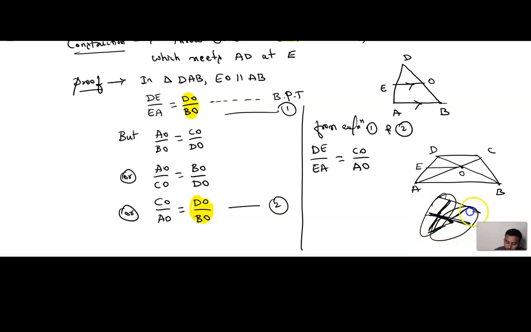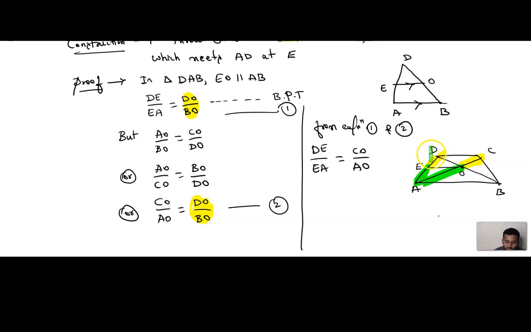Then this side will be parallel to this. Are these both lines parallel or not? You understood or not? See, where is DE? It's here. DE is proportional to EA. Similarly, CO is proportional to OA.